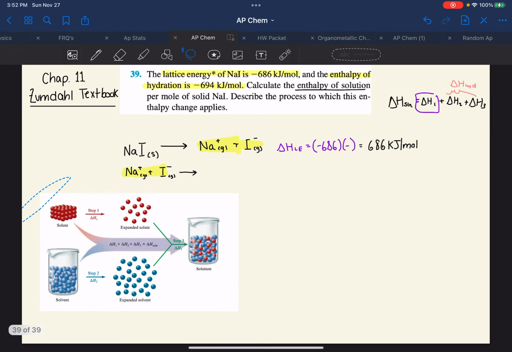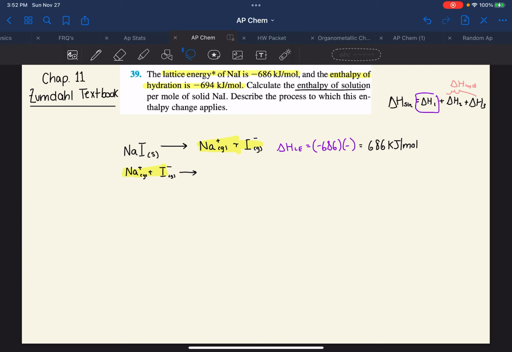So it goes from gaseous into aqueous. Instead of being a gaseous sodium ion, it's going to be an aqueous sodium ion plus an aqueous iodide ion. And that is our delta H of hydration, which equals negative 694 kilojoules per mole, and I say negative 694 because it says it right here.